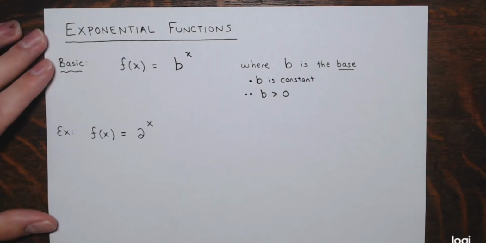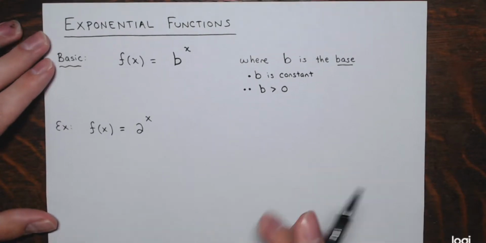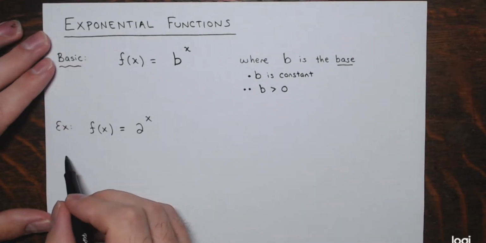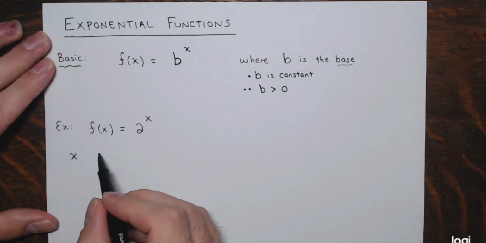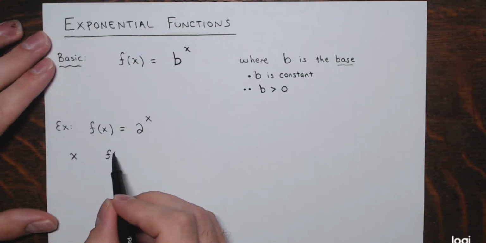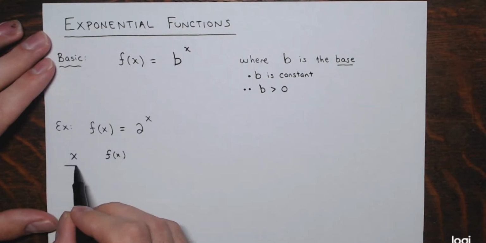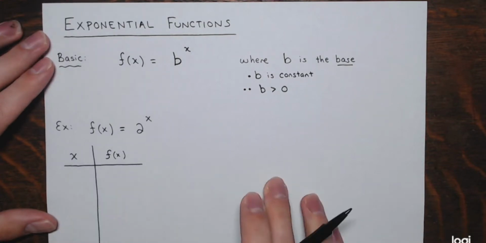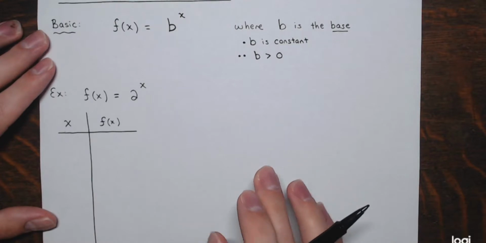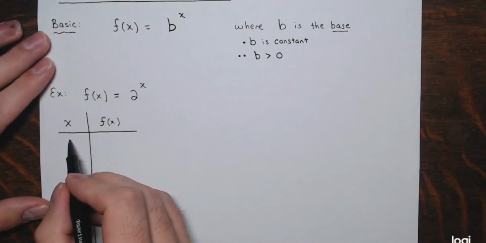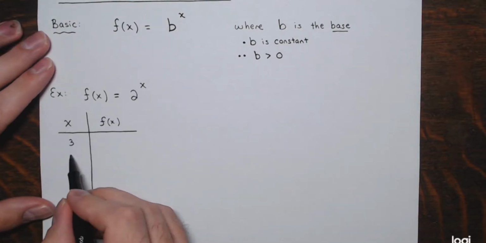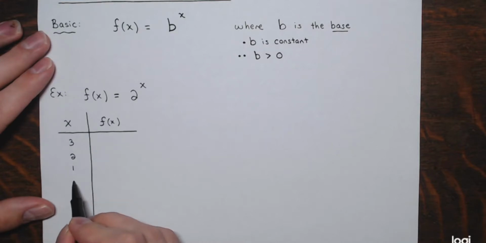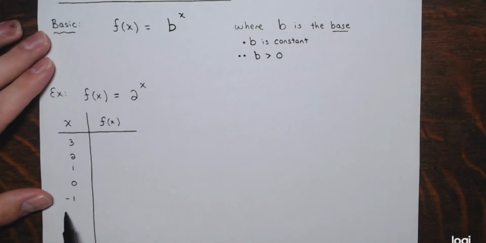Just like with any other function, I'm going to make a little chart, x and the output f of x. Now you have to remember certain things about exponents to make these easy. I'll plug in some values here: 3 for x, 2, 1, 0, -1, -2, and -3.